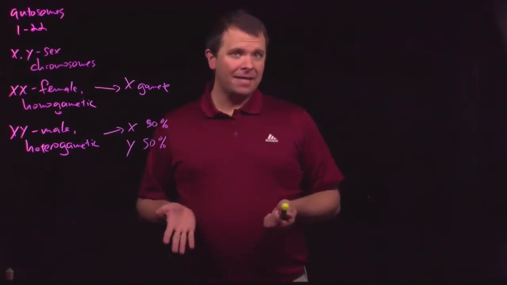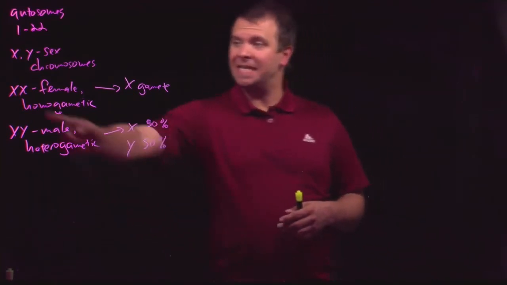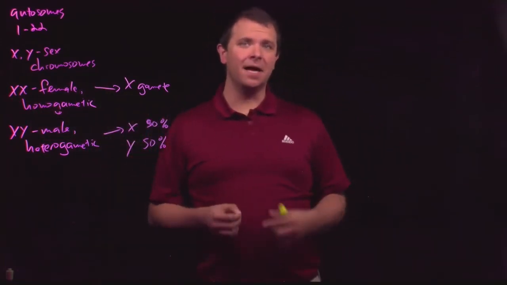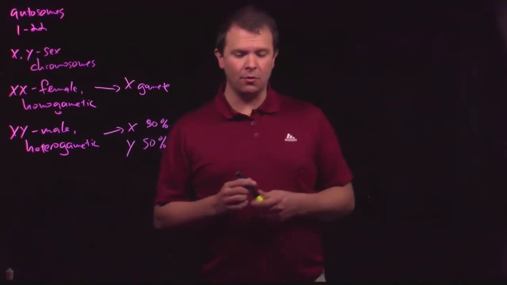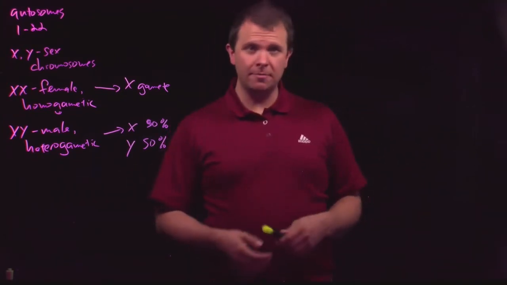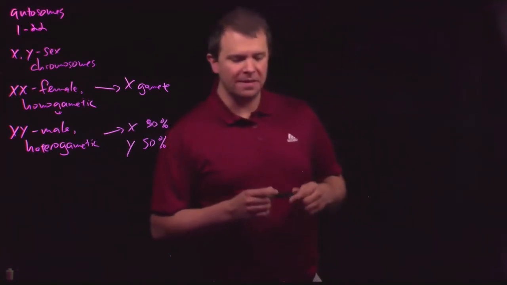And as you can imagine perhaps, if there is a trait whose gene is on the X chromosome, this can make inheritance of those traits a little more complicated. And there aren't many genes on the Y chromosome, certainly not in humans, and so we're going to go ahead and ignore that one for now.